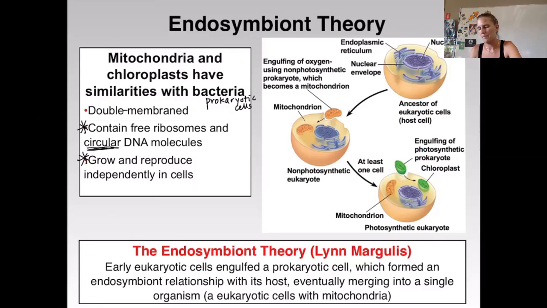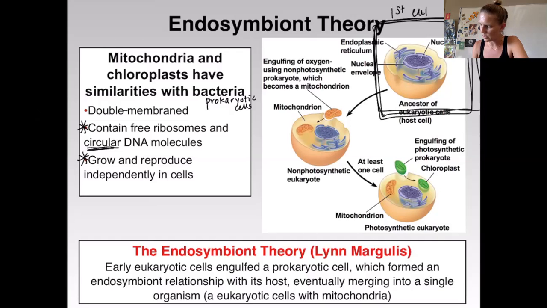Lynn Margulis, a great scientist, came up with this idea called the endosymbiont theory, which states that early eukaryotic cells, right, engulfed a prokaryotic cell, which then formed a kind of symbiotic relationship, eventually becoming its own organelle. So let me explain that again, and don't worry, we're going to talk about this in class. But here we have one of the very first eukaryotic cells.